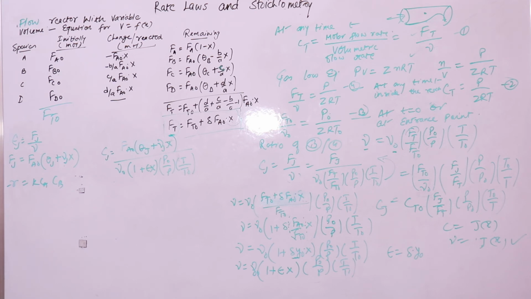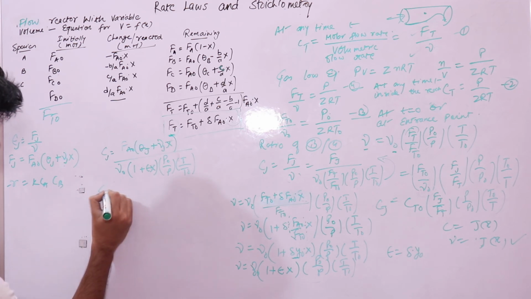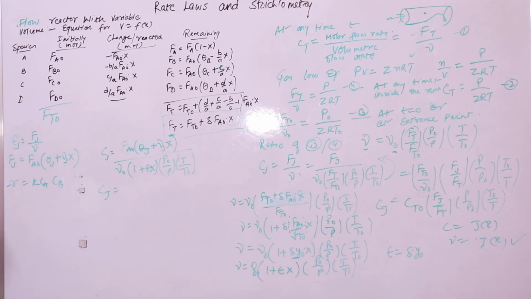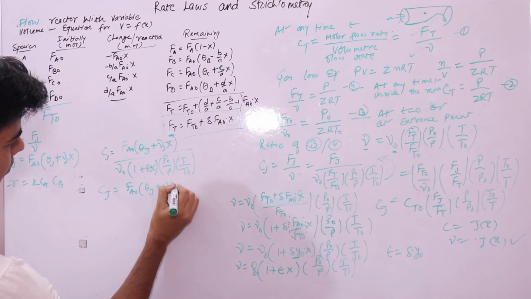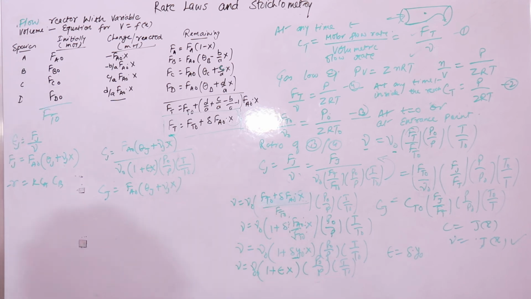Cj would be now, if you solve this further, you will get, right. So you will solve this to be FA0.